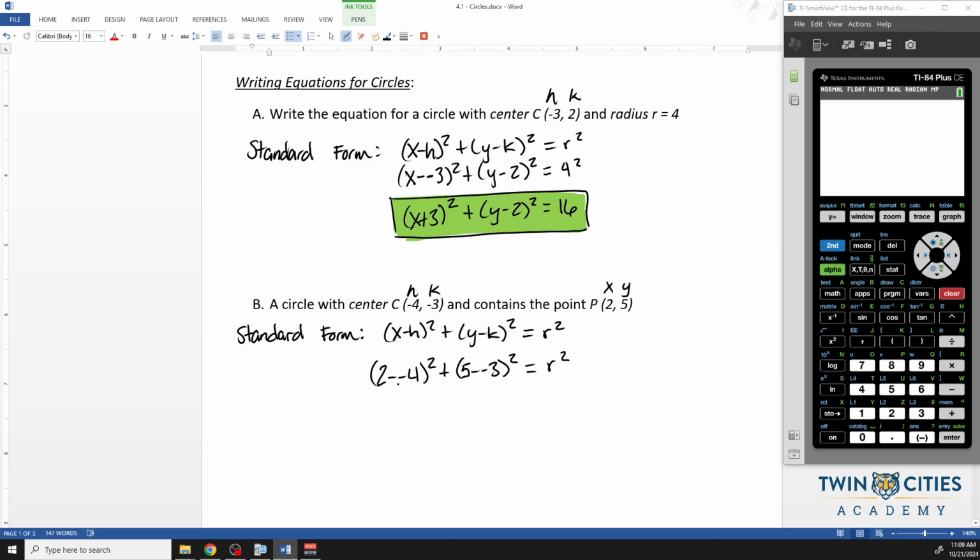All right, so let's figure out 2 minus negative 4. This is the same as saying 6. 2 minus a negative, that's 2 plus 4. So this will be 6 squared plus 5 minus negative 3, that'll be 8. So 6 squared plus 8 squared is equal to r squared. 6 squared is 36. 8 squared is 64.